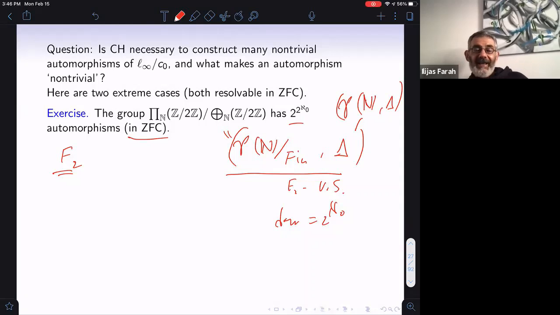And I mean, this is one of my favorite things that I would like to understand better. What exactly is going on here? Why does this theory have this property that in ZFC you can construct many automorphisms, and in some other theories, as we'll see soon, that is not the case?